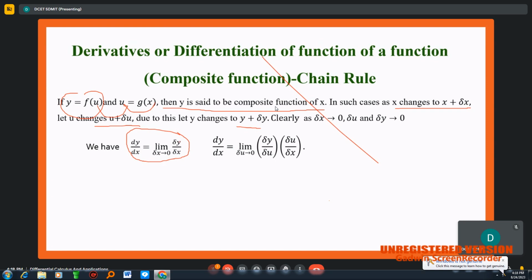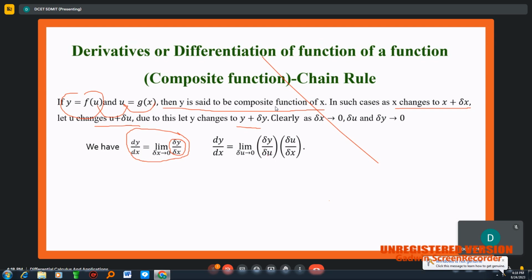Now, delta y by delta x, y is a function of u variable and u is a function of x variable. That means I'll rewrite delta y by delta x as delta y by delta u into delta u by delta x, because y is a function of u variable.